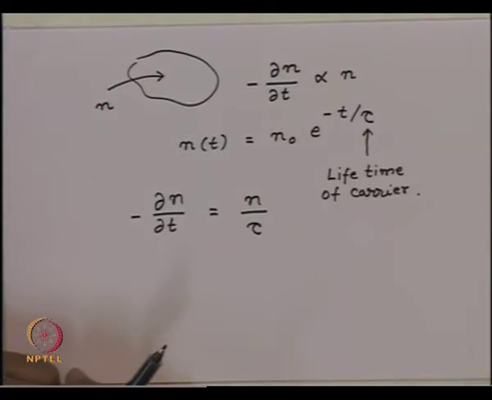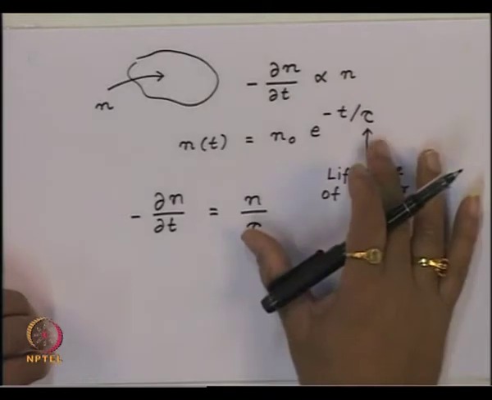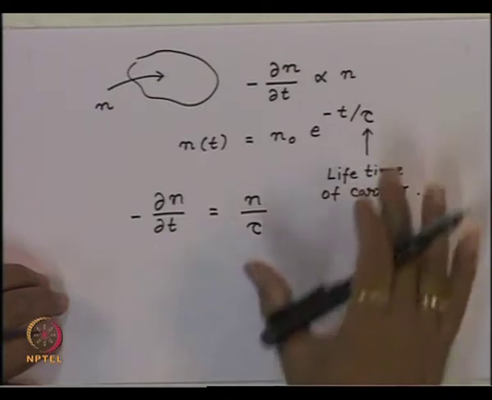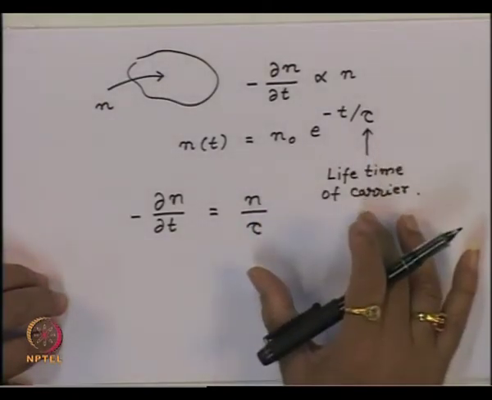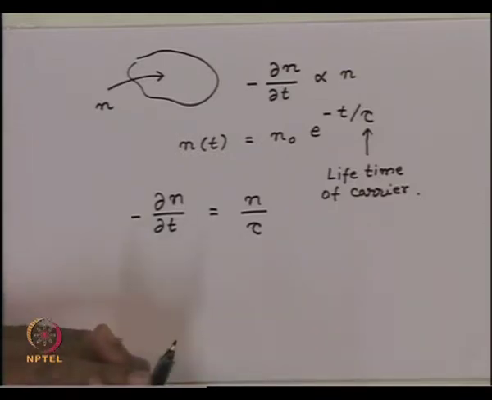Now, we have seen that there are two processes which are responsible for this recombination. So, each process can now be characterized by the corresponding lifetime against recombination. So, we have a radiative process and the lifetime against the radiative process is denoted by tau RR, whereas if the recombination is non-radiative, then the parameter is denoted by tau NR.